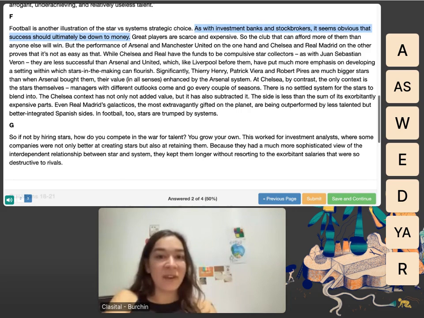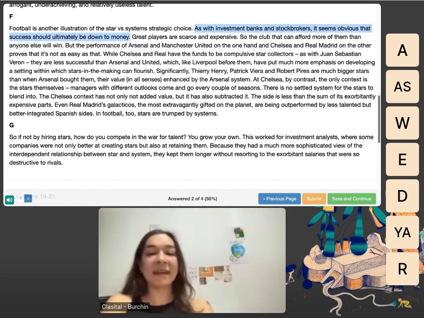While Chelsea and Real have the funds to be compulsive star collectors, as with Juan Sebastian Veron, they are less successful than Arsenal and United, which, like Liverpool before them, have put much more emphasis on developing a setting within which stars in the making can flourish.